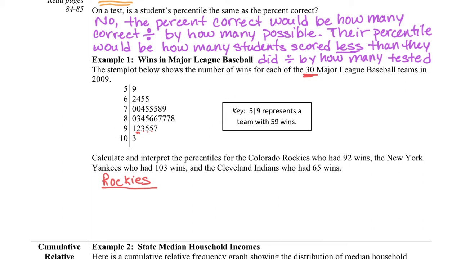It turns out, including the Rockies, we want to include the Rockies, there are 6 numbers. That means there are 24 teams that had scores less than the Rockies. We're going to divide that by 30, and that gives us the 80th percentile. So 80% of the teams scored less than the Rockies.